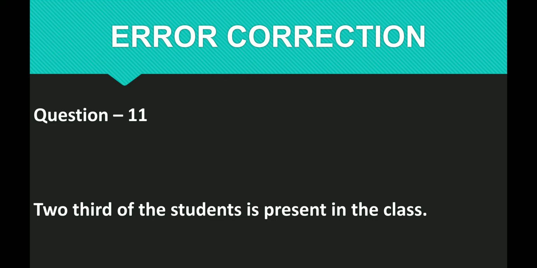Definitely instead of is, we are going to use are. So the rule is, if the fraction is mentioned from the beginning or in the subject part, avoid this. Directly you go to the subject part. If the subject is plural, the verb must be plural. If the subject is singular, the verb must be singular.